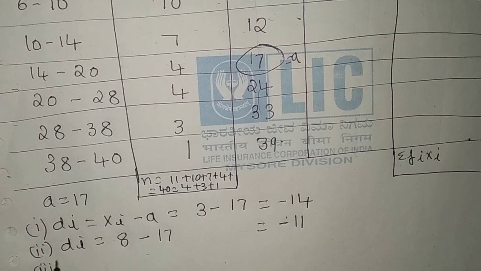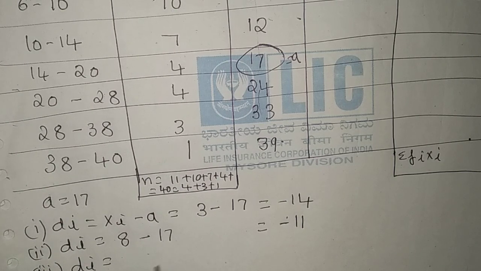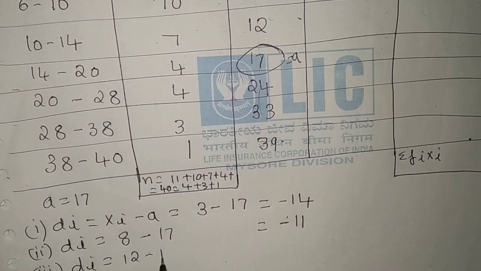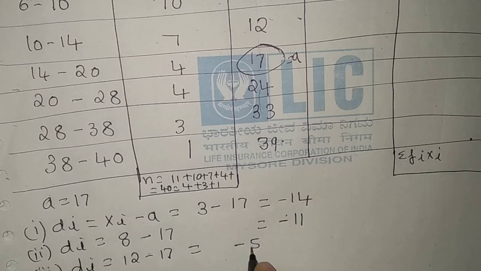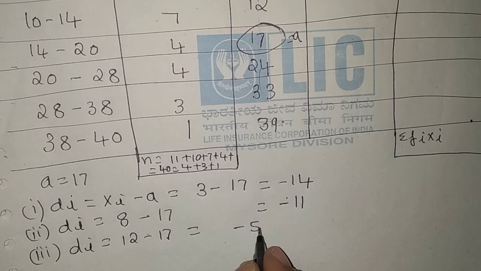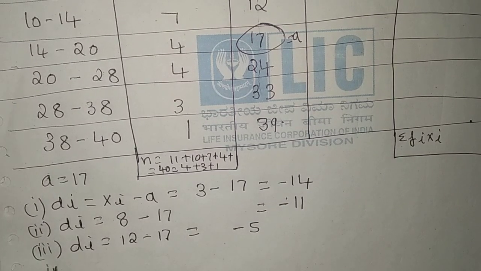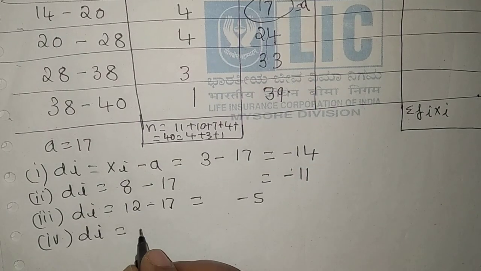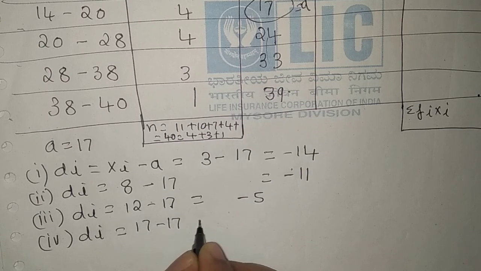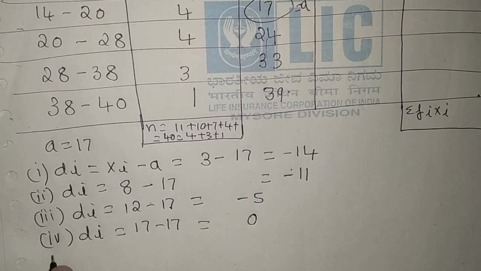Third set, di is equal to 12 minus 17, which is minus 5. Next is the fourth set of values, di is equal to 17 minus 17, which is equal to 0.